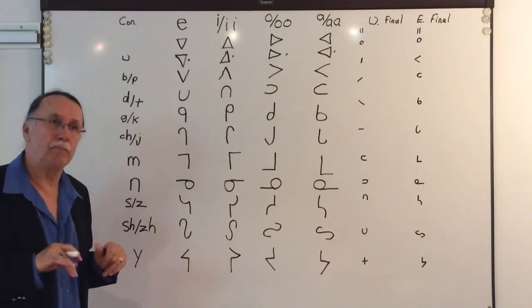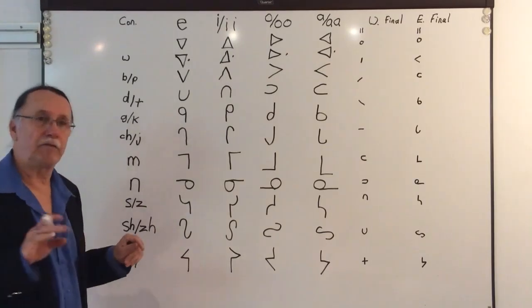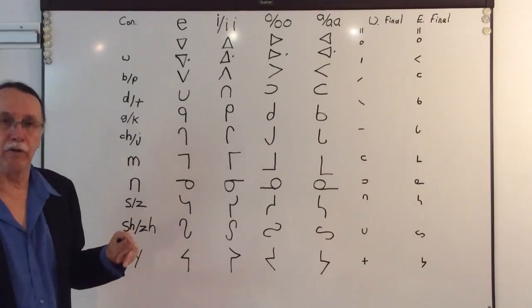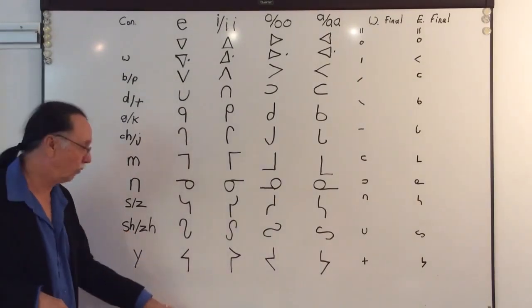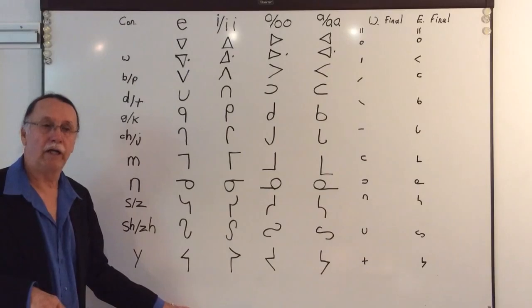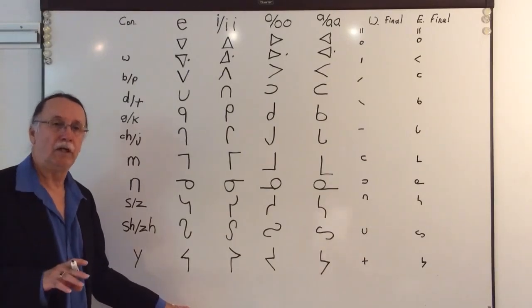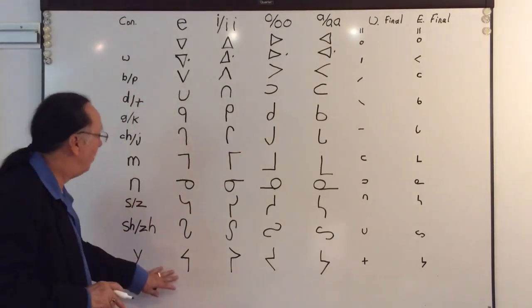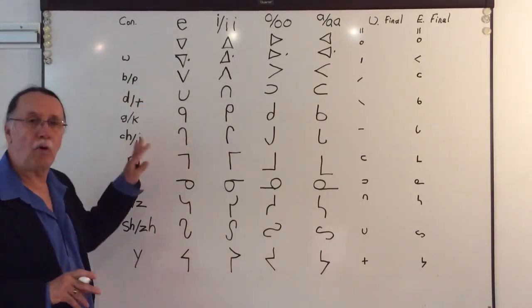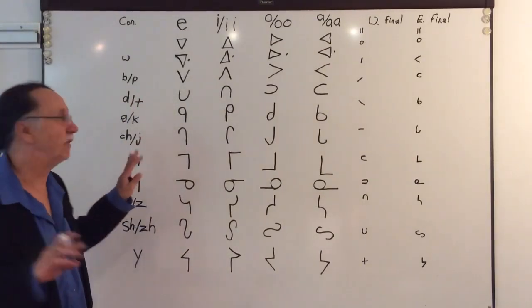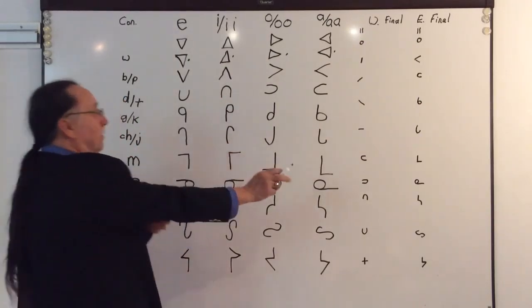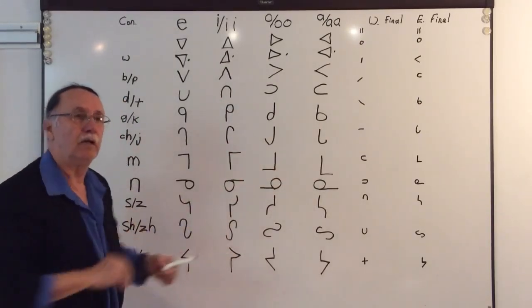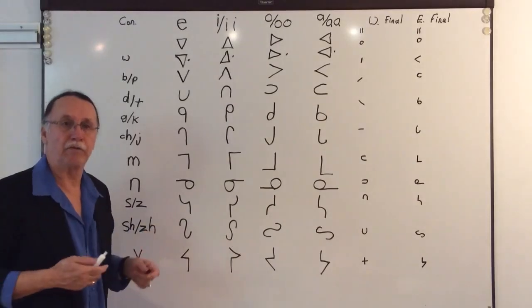Although there are some dialects of Cree and Ojibwe in Ontario that do use R and L, so we'll have to move forward. Let's go over these for now, and then I'm going to show you the rest of the symbols that we used for other dialects in other languages as well.